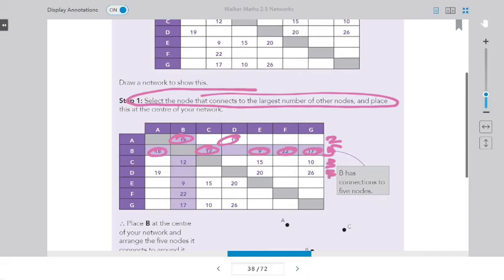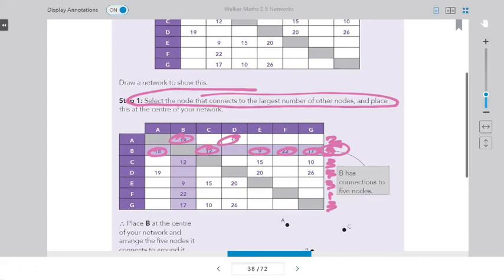So 3, 3, 3, 1, and 3. So clearly B has the highest degree or the most connections. So that means that one should be at the center of your network, right? Because it has the most connections. Then everything else will simply connect from around that.